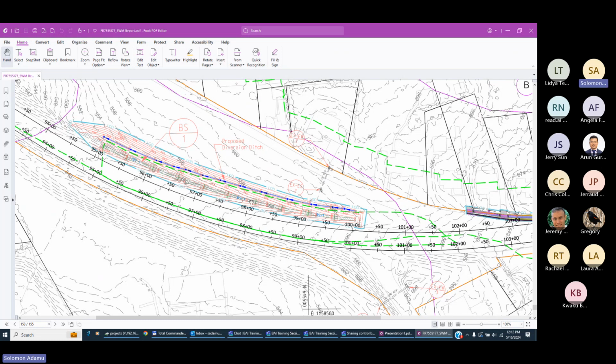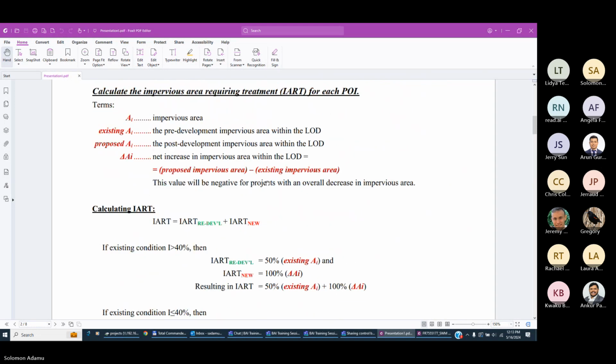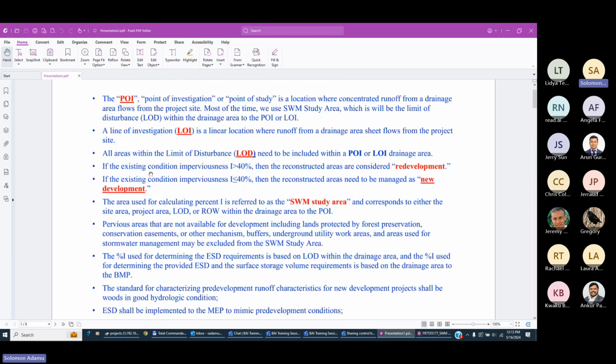Once we find out that impervious area, we're going to determine the so-called classification of the project, which means, if the existing condition impervious area divided by the stormwater management study area is greater than 40%, then that area will be classified as redevelopment.